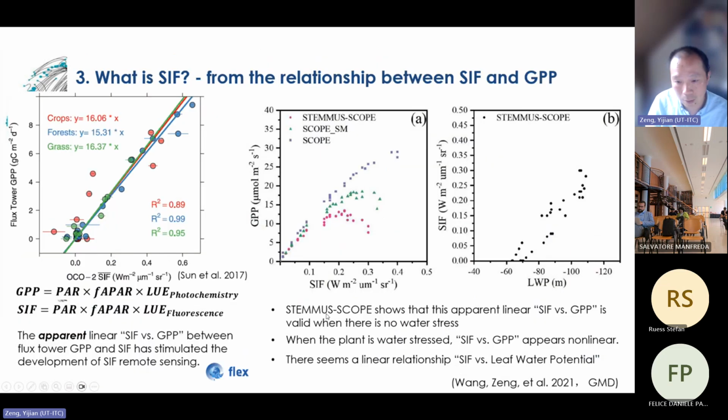Most of the time people tend to use the SIF and the GPP as a very direct relationship. And this left plot here shows this apparent linear relationship between solar-induced fluorescence and the tower-based GPP data.